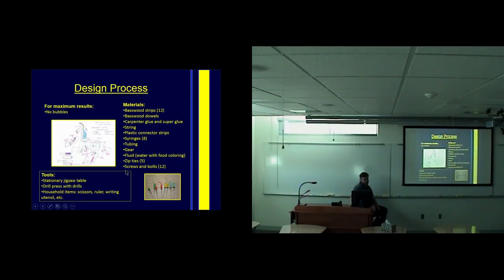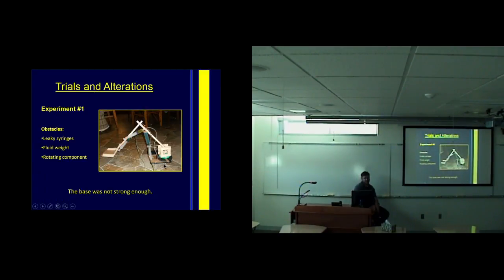Going to the design process, you can see here that there is a drawing, and there are some different kinds of bulleted lists. You know, this slide is starting to get a little bit busy, but it's not out of control yet. It's not too bad. You can see that she's shown a picture of the syringes she used, and that's fine. And then you get to one of her actual designs here.